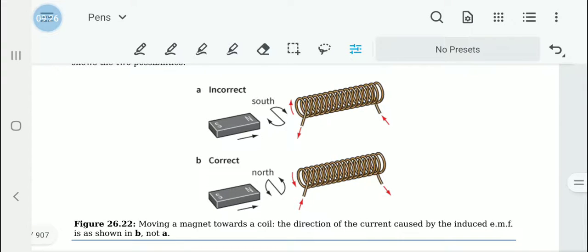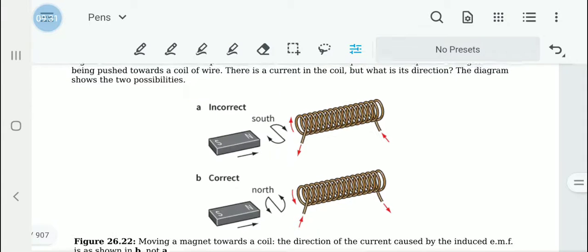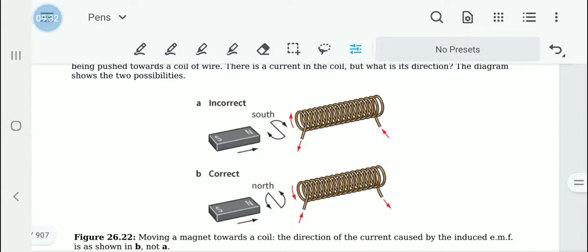Now in this situation, the first one is incorrect. The second one is correct. How is it so? When this is pushed towards the coil of the wire, the field is in which direction?